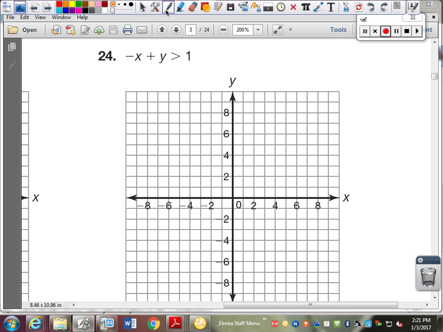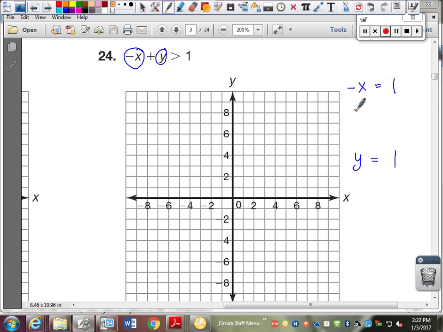So I'm going to say that if it's in standard form, the easiest thing to do is find the intercepts. So that would be saying negative x equals 1 and y equals 1. You would just take the x term, set it equal to 1, and the y term, set it equal to 1. Now, this is a weird example because they don't have any coefficients.